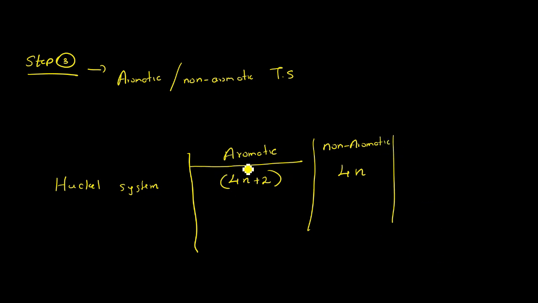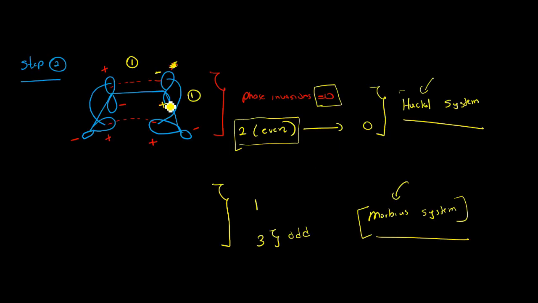So how do we determine these things? What you need to do is count the number of electrons that take part in these interactions. If you see, there are 2 electrons here and 2 electrons here. There are a total of 4 electrons that take part in these interactions, this whole bond breaking and bond forming.